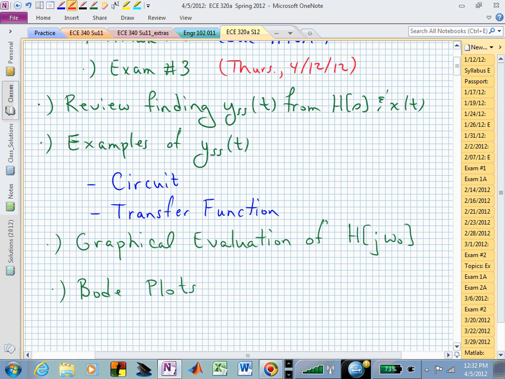We'll look at a couple of examples of that. We'll start with a circuit and look at that problem. Then we'll just be given a transfer function and say, okay, find how this system, whatever that system represents, behaves in the sinusoidal steady state.